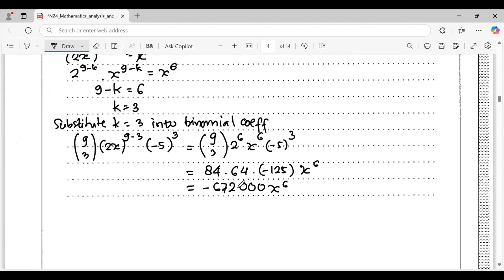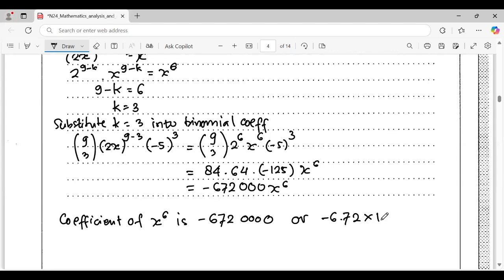So the coefficient of x power 6 is minus 672,000, or you can write it as minus 6.72 times 10 power 5. Okay.